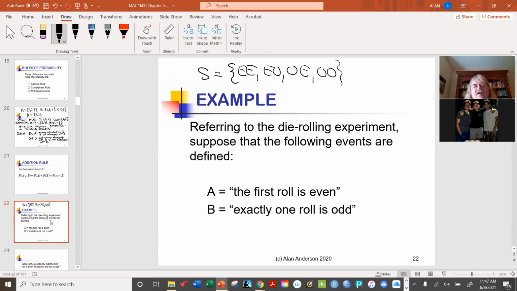We're going to define the event A to be the first roll is even, which means that's EE and EO. B: exactly one roll is odd, that would be EO and OE.